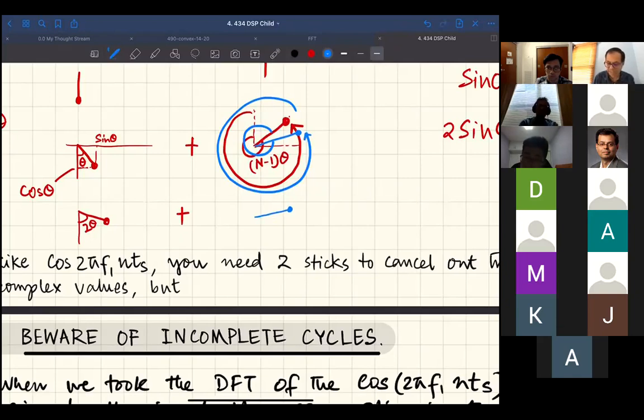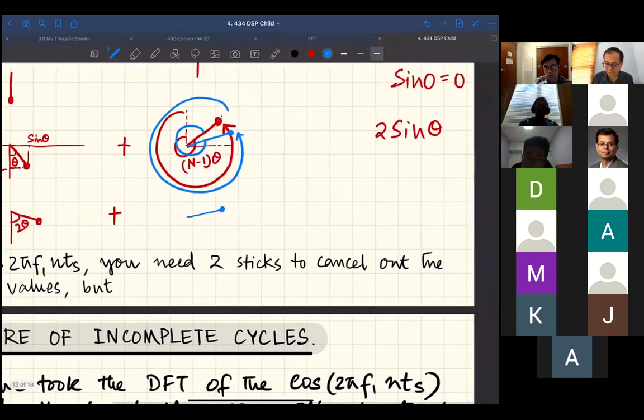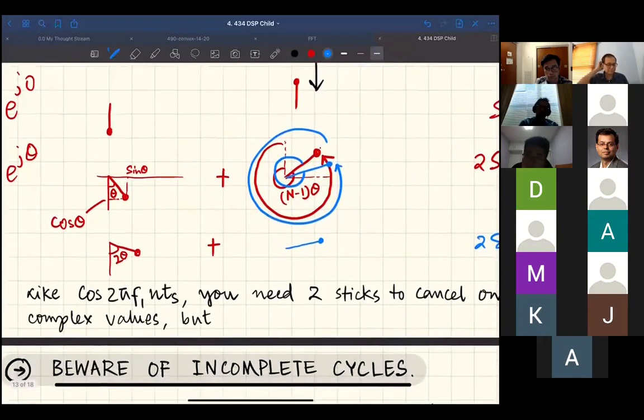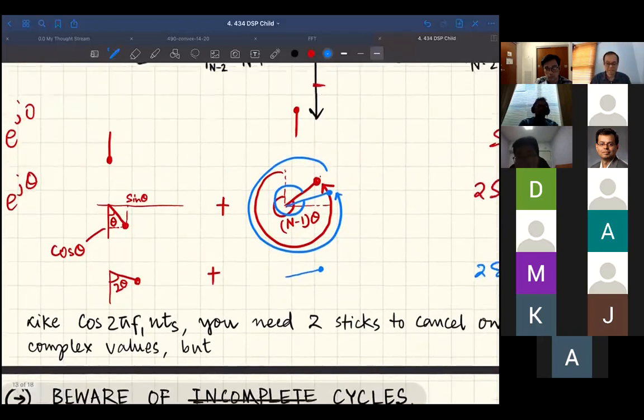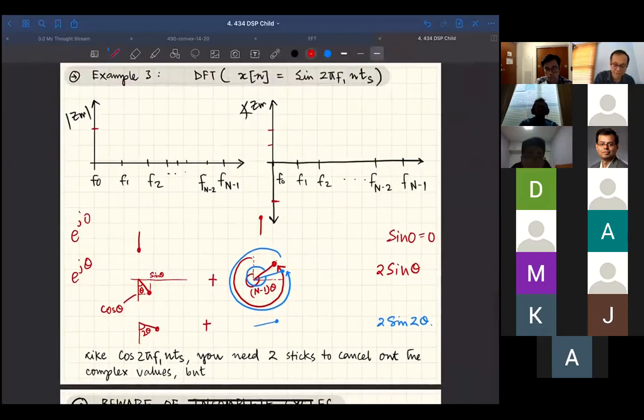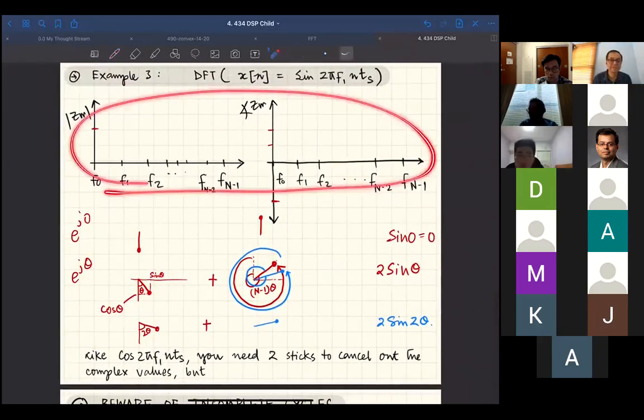And this plus this becomes 2 sine 2 theta. Does that make sense? So what should the FFT look like? What should these two graphs look like?